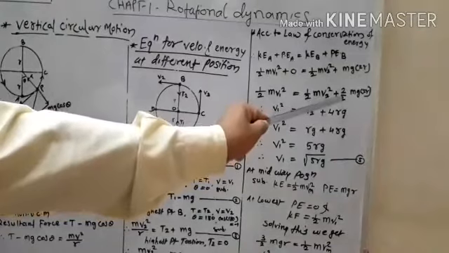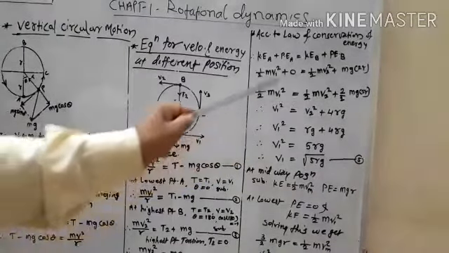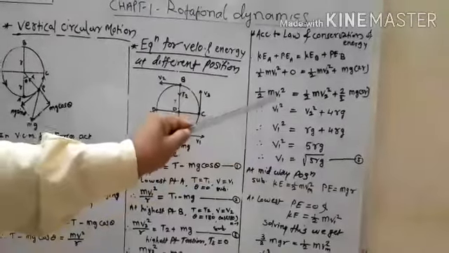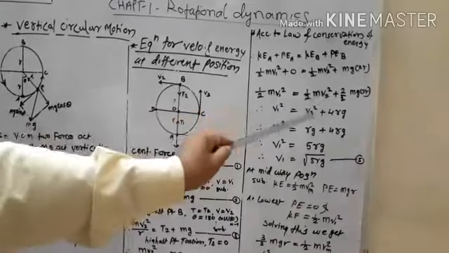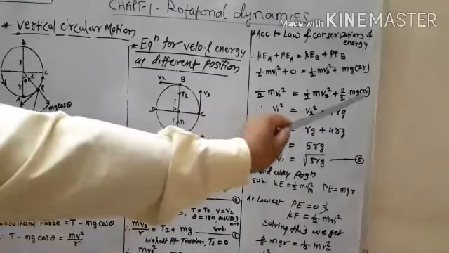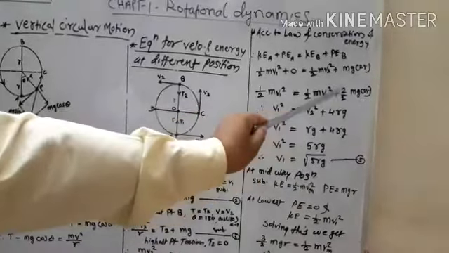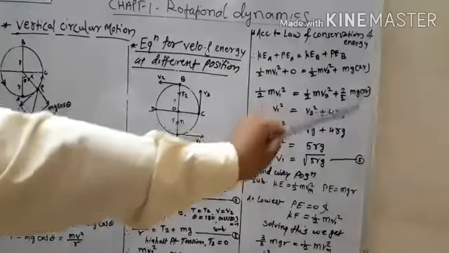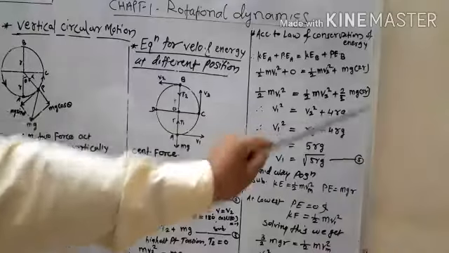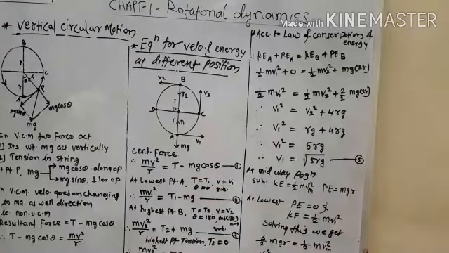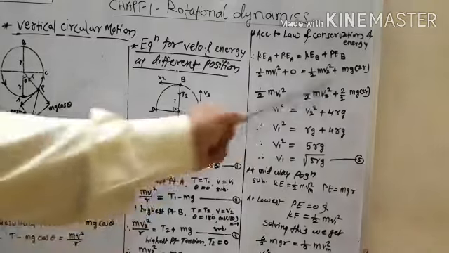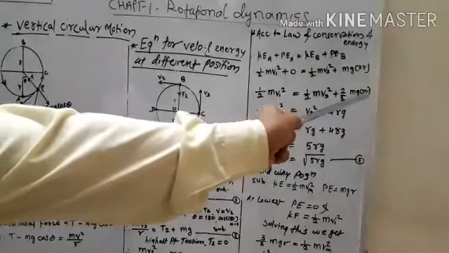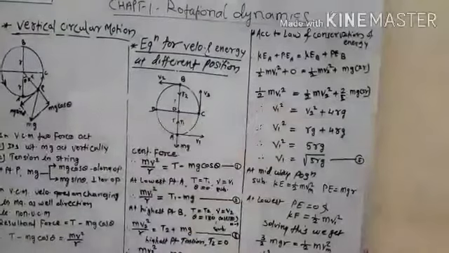The 1/2 terms get cancelled, and the remaining term is v1 square is equal to v2 square plus 4rg, since the 2 in the bracket multiplied by 2 is 4, m gets cancelled, and only gr remains. You can observe that the 1/2 gets cancelled, only 2 remains in the numerator, and 2 into 2 is 4, so 4rg is there.